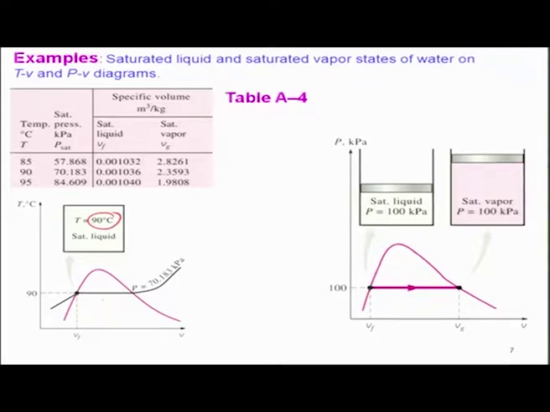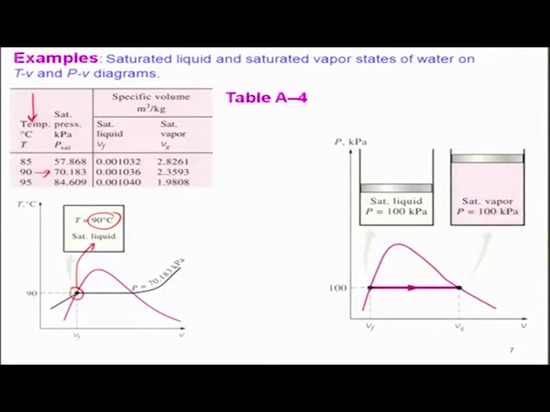We will look at the saturated water temperature table, where the temperature is the first in the column. So the corresponding pressure will be your saturation pressure. Here is the temperature and the corresponding pressure is 70.183, and this is where the system is. It is saturated liquid. It's not a saturated vapor-liquid mixture, otherwise it would have been somewhere in between, and it is certainly not saturated vapor, otherwise it would have been here.